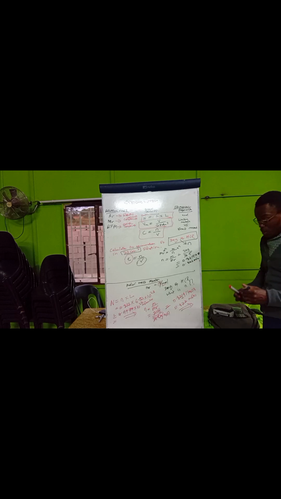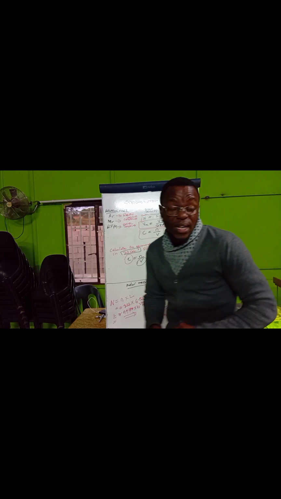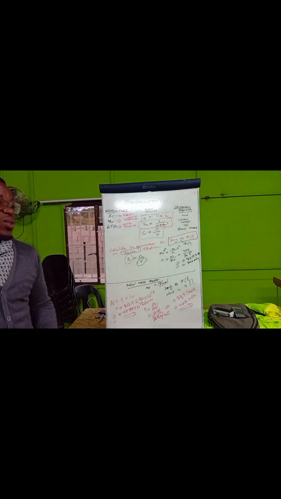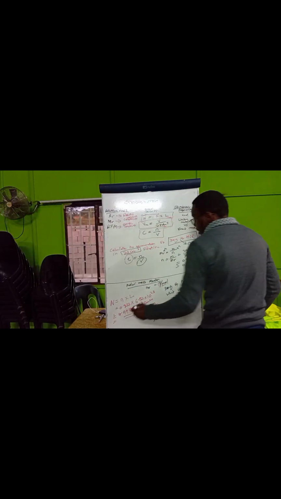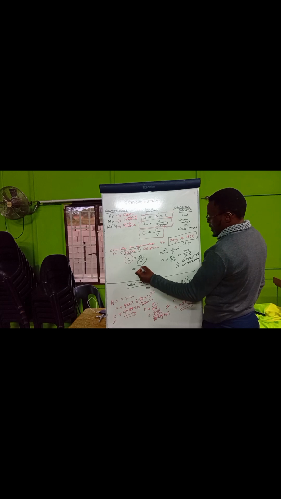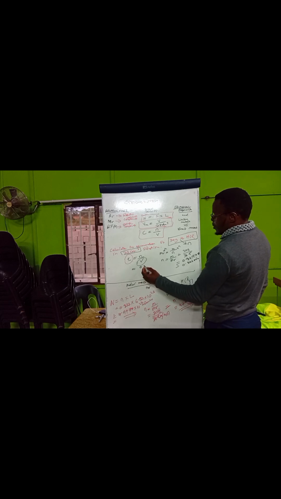So now we have the moles in 30 grams of hydrochloric acid. You will then take the moles down and just need to calculate the concentration. So 0.822.